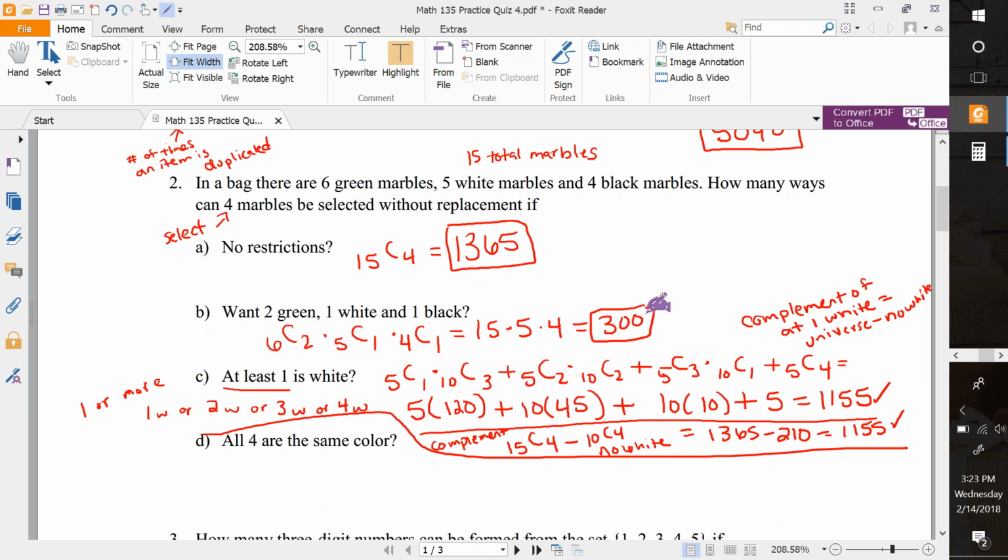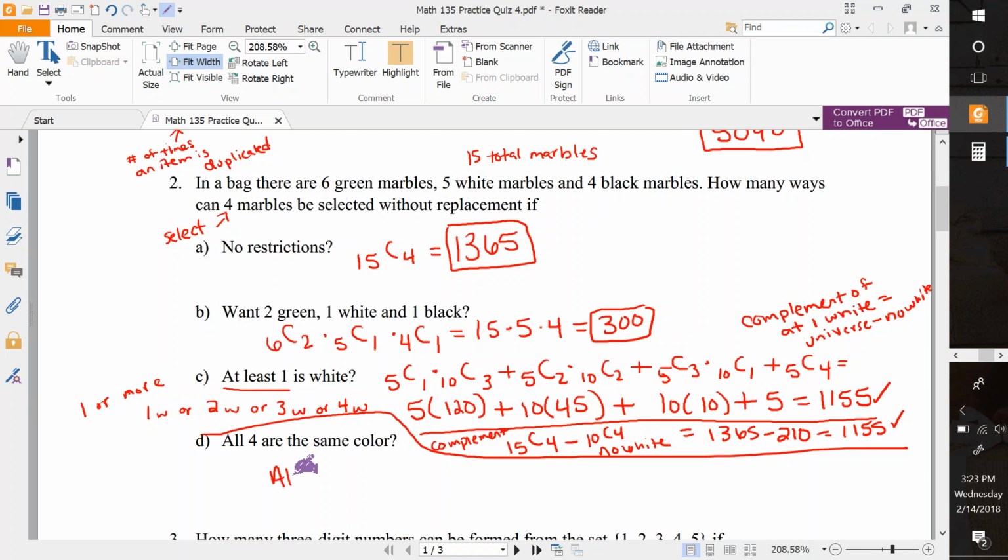And then for part D, we have all 4 are the same color. For all 4 to be the same color, that means you can't do all of those at the same time. You have to have options. So this is going to be alternatives. We're either going to be all green or all white or all black.